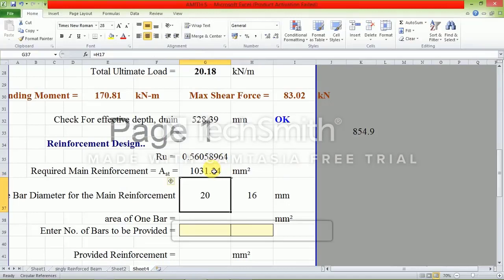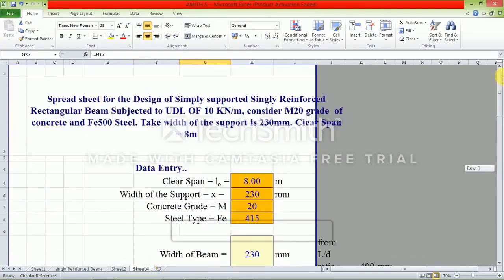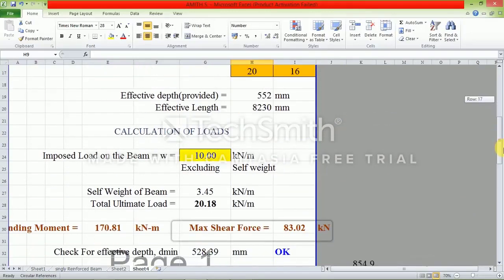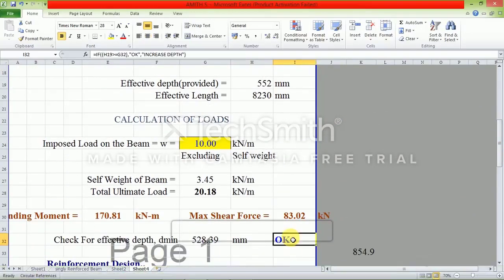It comes to be 1031. Okay, I'll just come here. The question says M20 grade of concrete, Fe 500 steel, but somehow it became 415. Just change it. Okay, I don't know how. 500. Just see, come here. Effective depth is okay, not an issue.